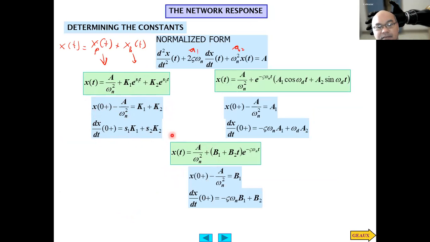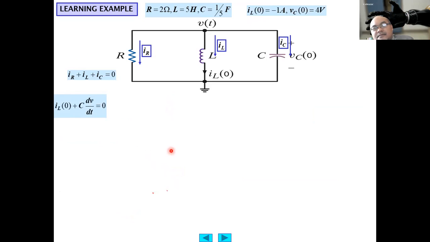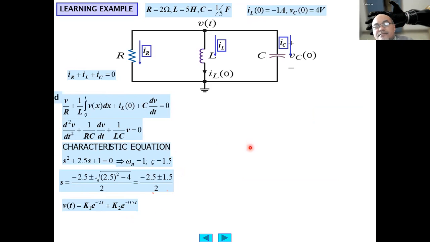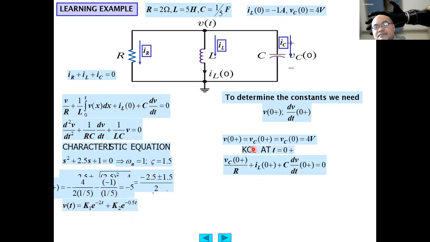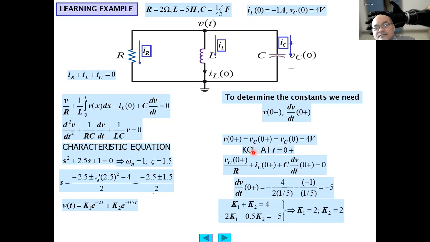K1 plus K2 equals 4, and then minus 2 K1 minus 0.5 K2 equals minus 5 from dV/dt.